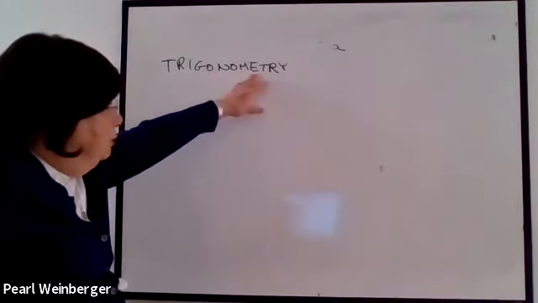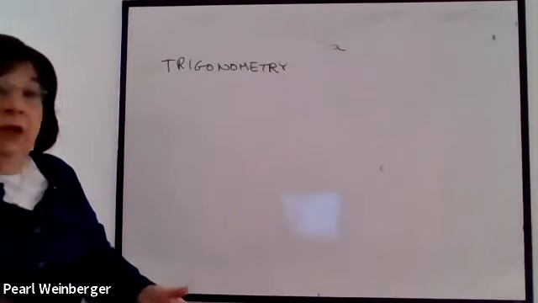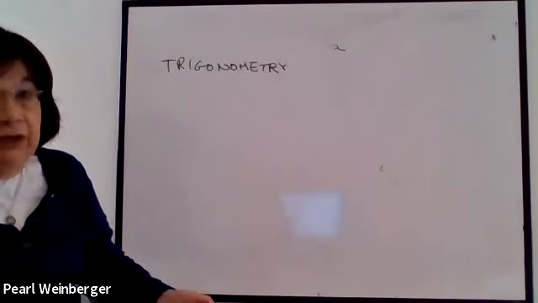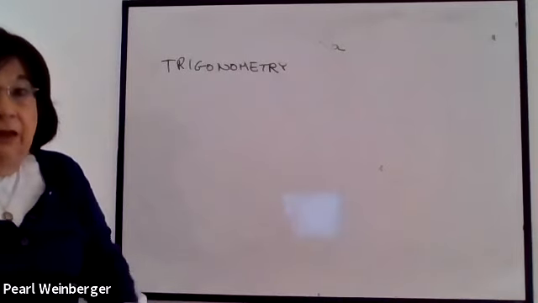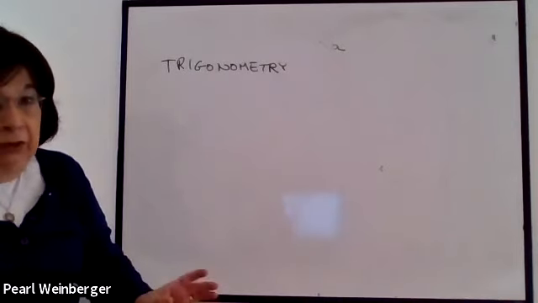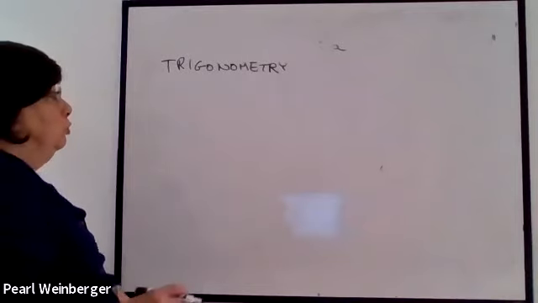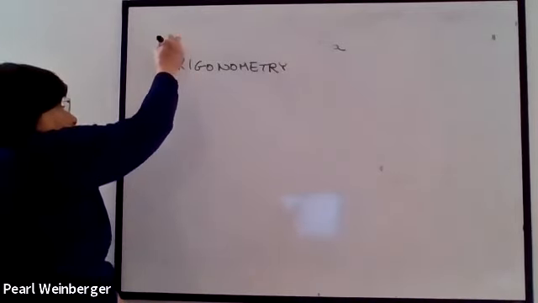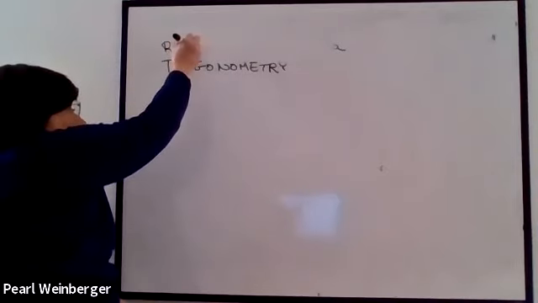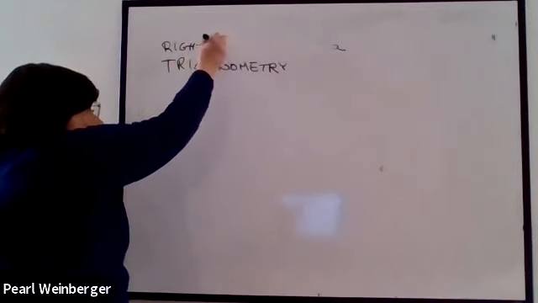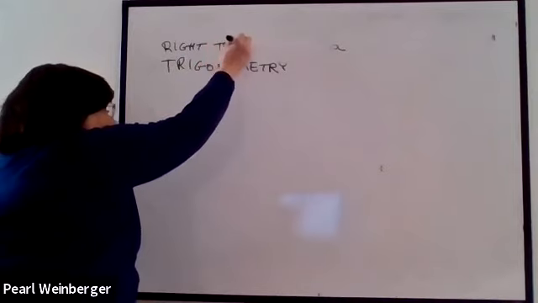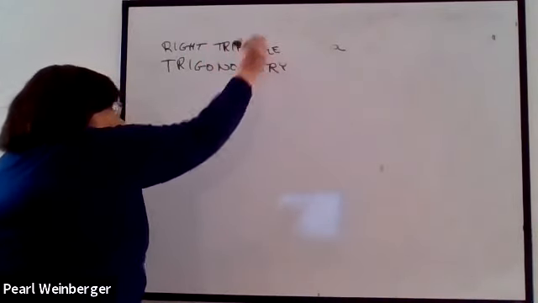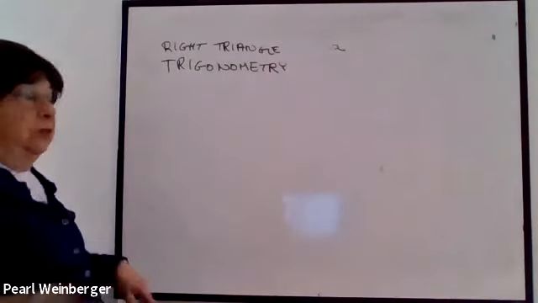And metry means measurement. What we're really talking about are triangles, because triangles have 3 sides. And specifically, we're going to be talking about something called right triangle trigonometry. So we're going a little bit away from algebra, and we're talking about things that have to do with shapes.